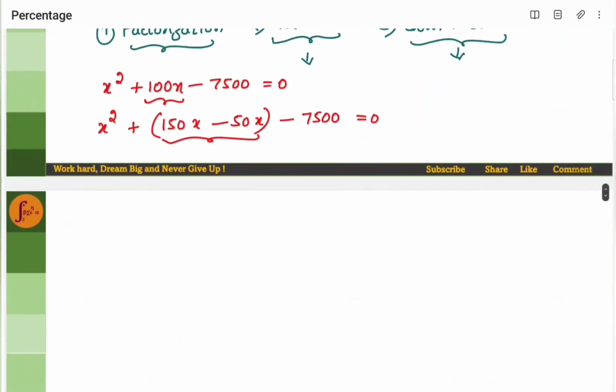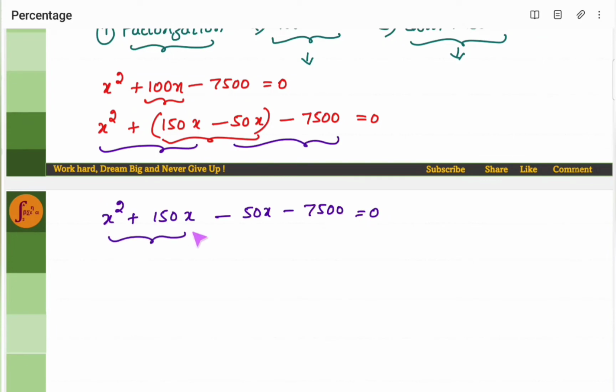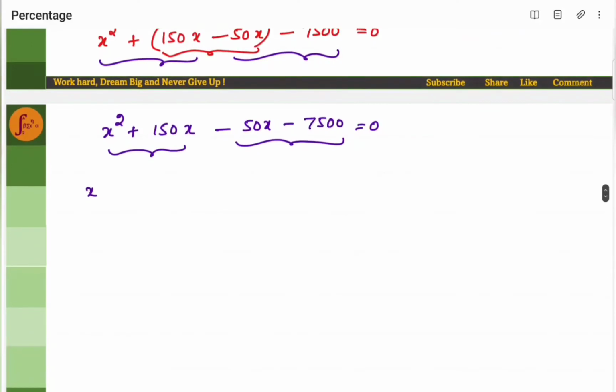Now I'll take common factor between these two and between these two. Between these two, the common factor is x. So if I take x out, I'll get x plus 150. Now I'll take minus 50 as common, since 50 is common in both of these.